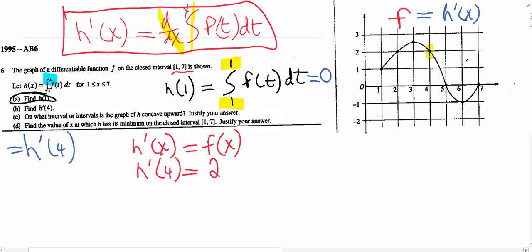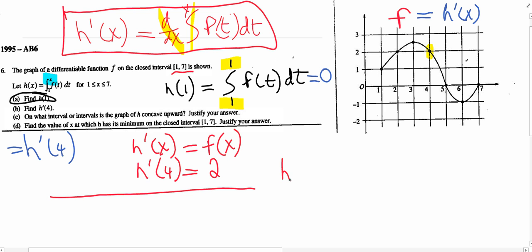Alright, part C says, on what interval or intervals is the graph of h concave up? And then it wants us to justify our answer. So, well, when is h concave up?